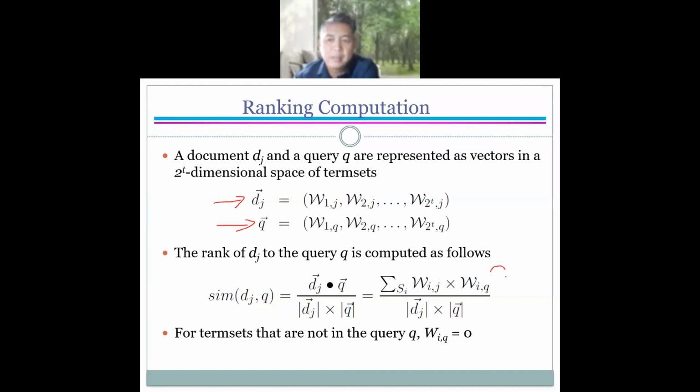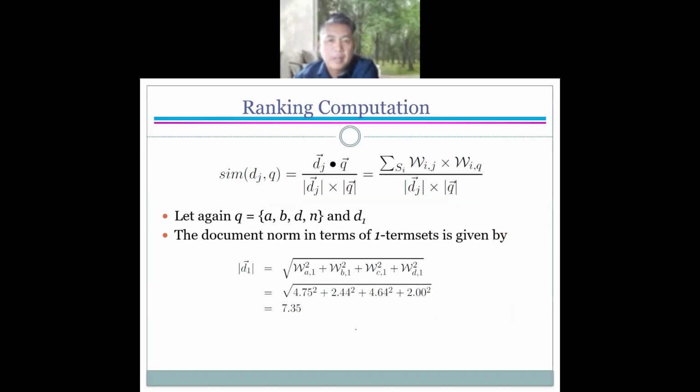So this is the same formula that we used before. For the term sets that are not in the query, we set them to be 0. Okay, now if you look at this formula, if you want to find the distance between the query and all the documents, the parameter that is changing is only this one.